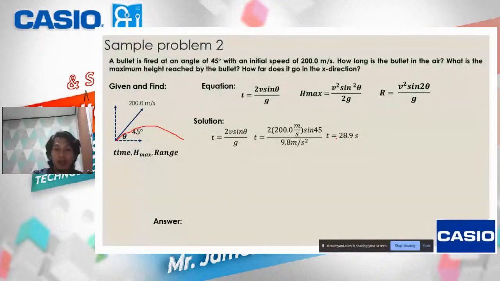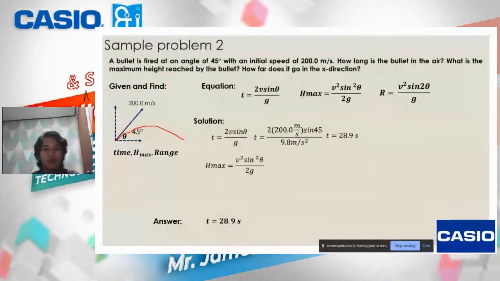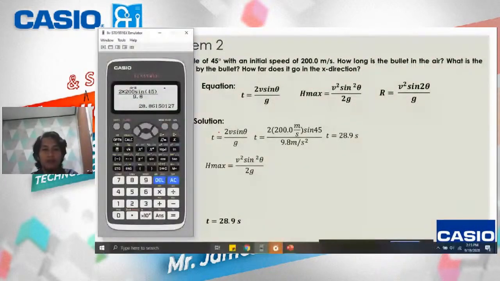Okay? So to get the value of H max, the maximum height, we use this equation. So let's use our calculator again. So H max is equals to V square, so fraction na lang natin, no? Same as the setup. So ang ating V is 200 square sine. Okay? Wait lang, balik natin. So lagyan natin siya ng ito.